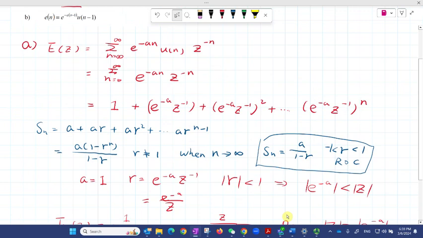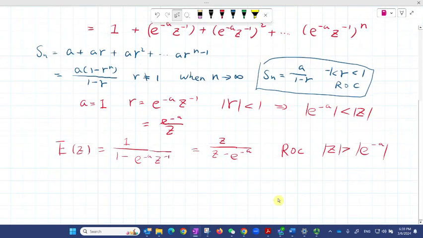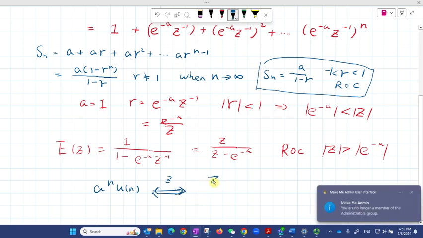Actually, if you use the z transform table, you will find an equation like this: a to the order of n times u[n], if you do a z transform, goes to z over (z minus a).